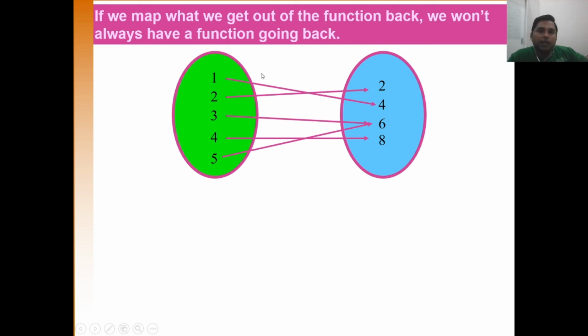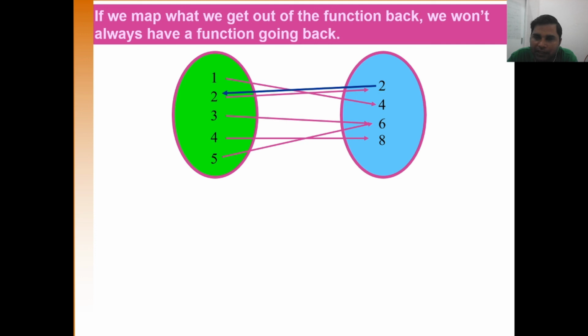Now if you analyze this mapping diagram, at two values of x you are getting the same value of y. This is a many-to-one function, right? Now let's try to find the inverse of this function, and let's understand what will happen if we try to find the inverse.